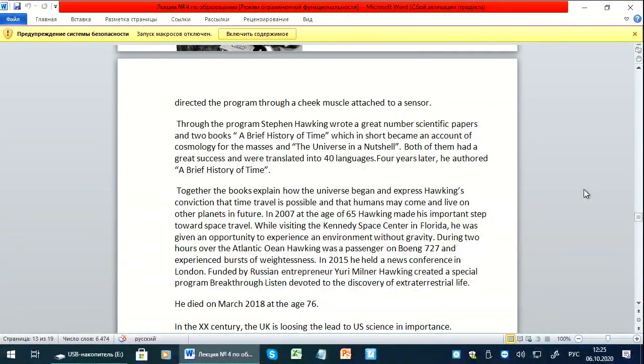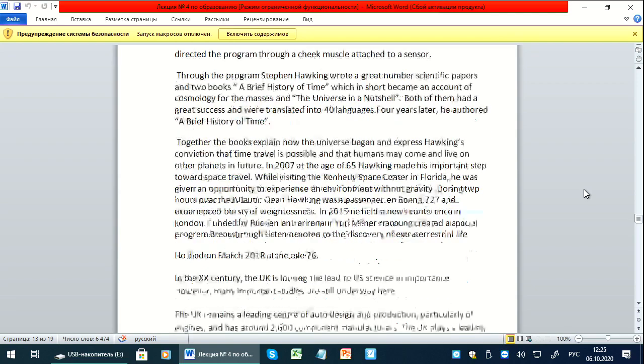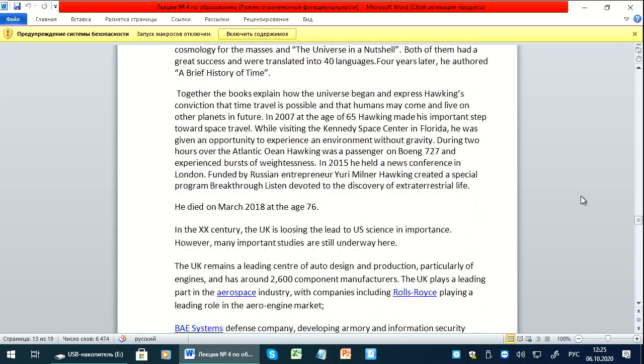In the 20th century, the UK is losing the lead to US science in importance. However, many important studies are still underway here.